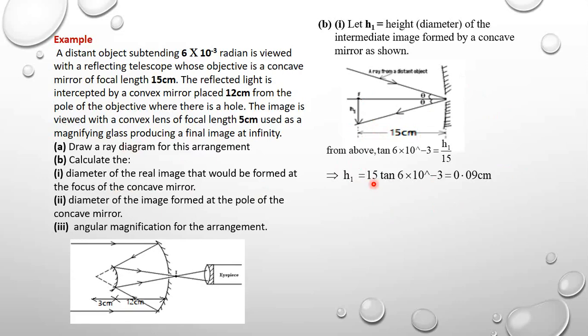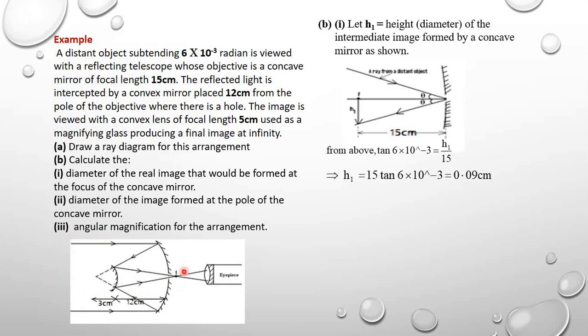Now let's look at the second part of that part B, the Roman numeral 2. That's the diameter of the image formed at the pole of the concave mirror. So they want us to get the diameter of this image here. But remember that that image is formed by the convex mirror.